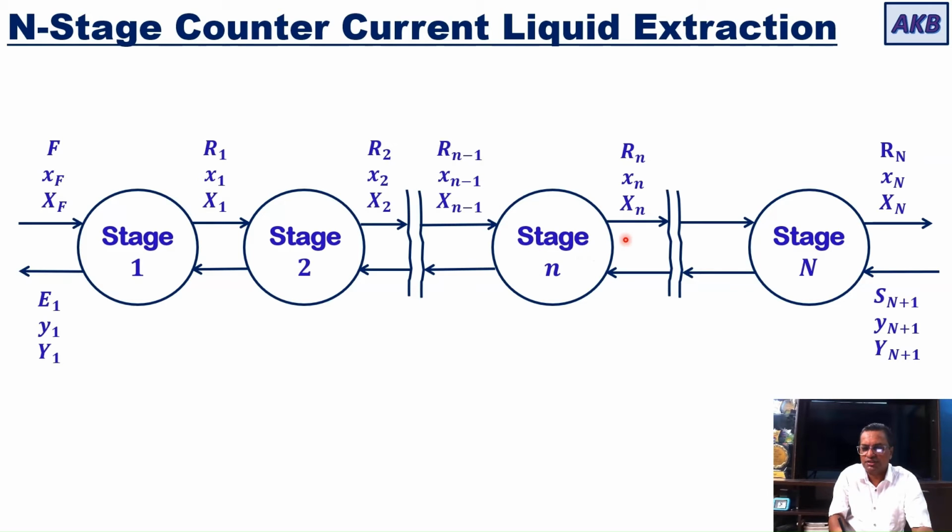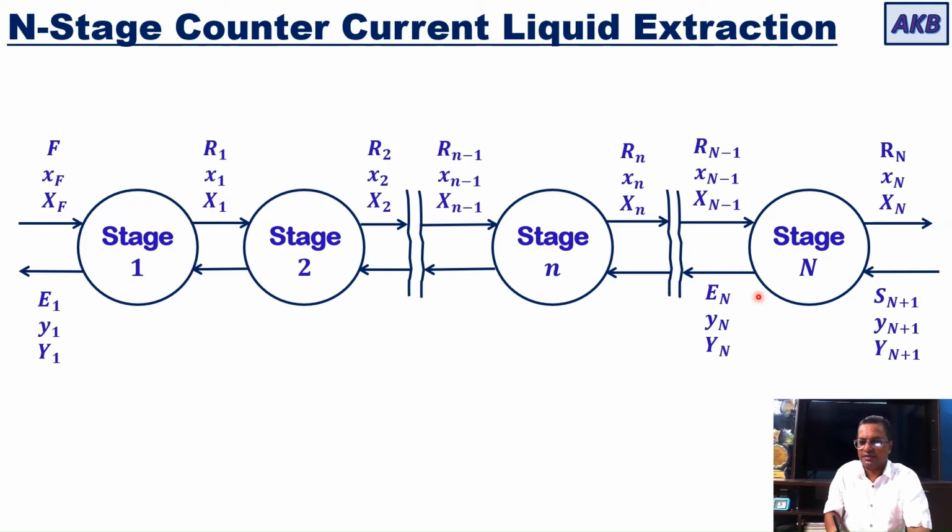And from n stage, it will come out and then pass through many stages that are included between these 2 lines. And then before coming to the final stage in the cascade, it will be coming out of n minus 1 stage. And finally, the final raffinate is coming out of the last stage in the cascade.